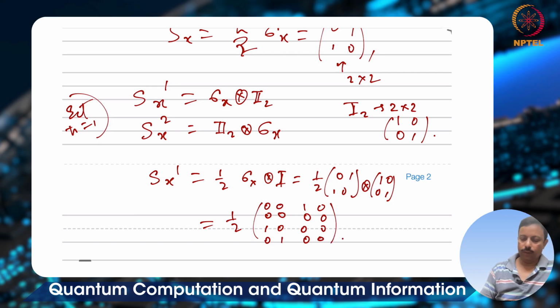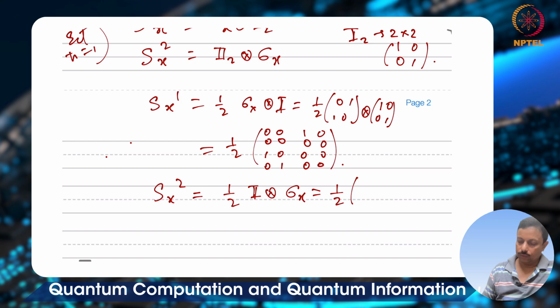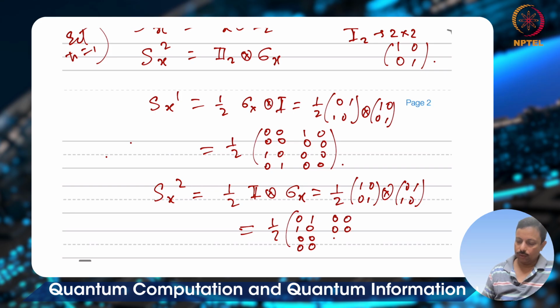Similarly, your Sx2 is simply half of identity tensor sigma x, that's half of 1, 0, 0, 1 tensor 0, 1, 1, 0, and this comes out to be half of the 4 by 4 matrix with 0, 1 and 1, 0 blocks on the diagonal.